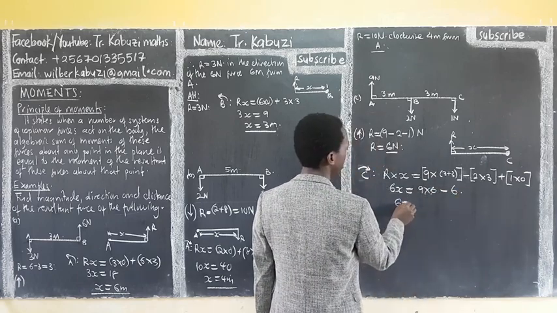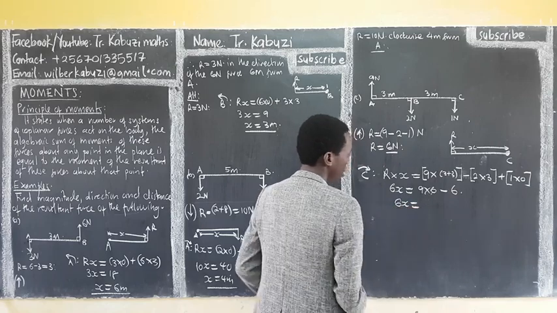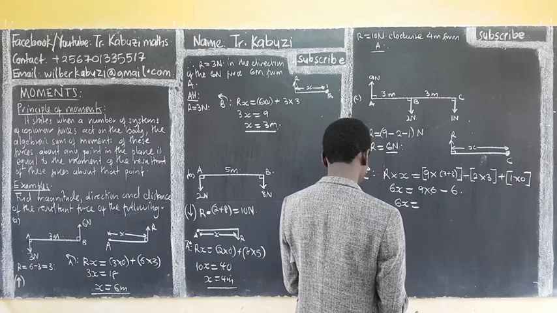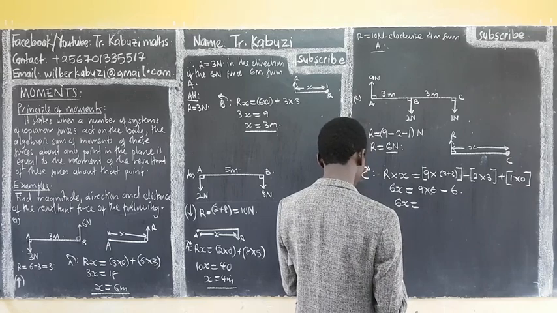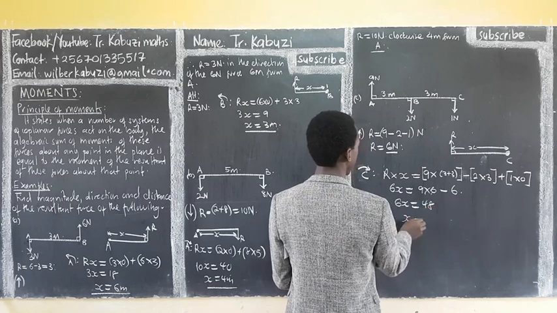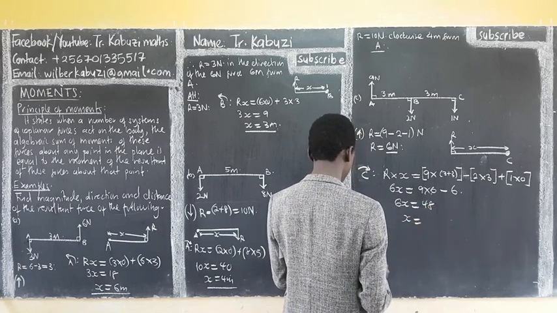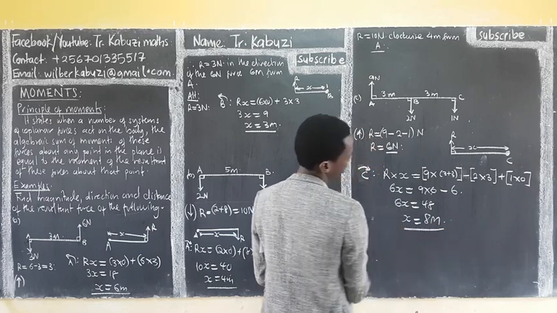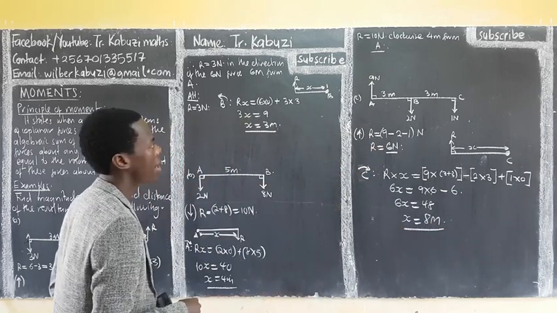So minus 6x from here, it's going to be 48. So our x becomes 8 meters. So that's the distance of the resultant from the line of action.